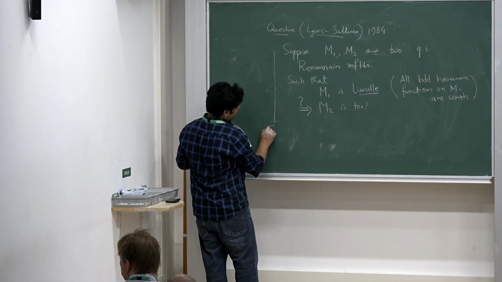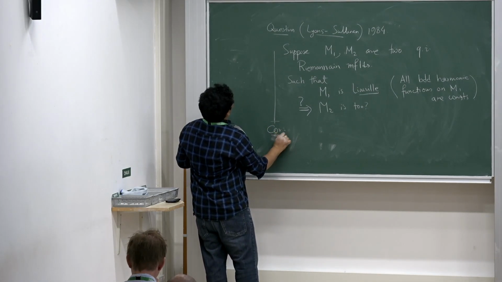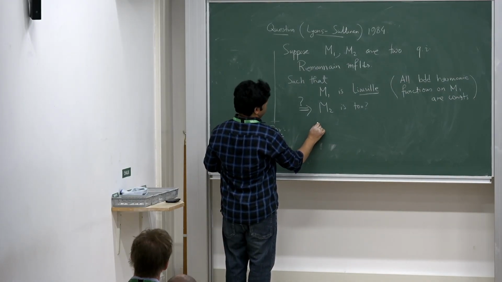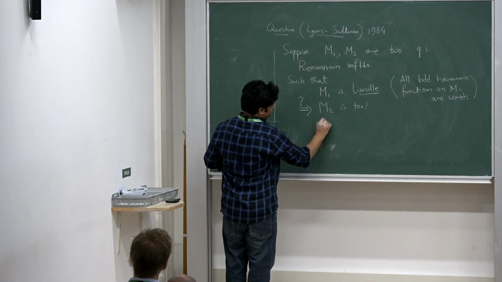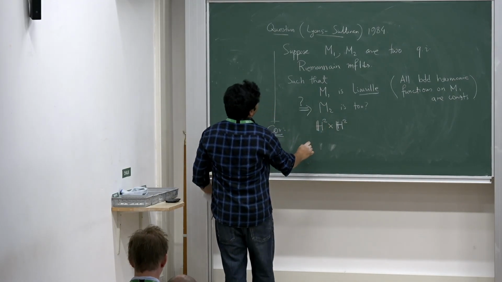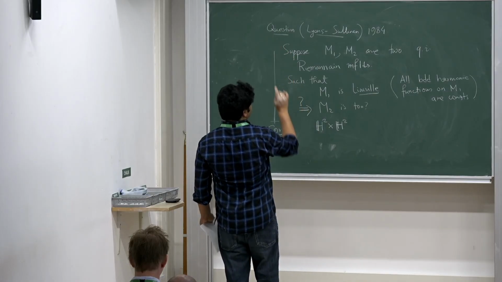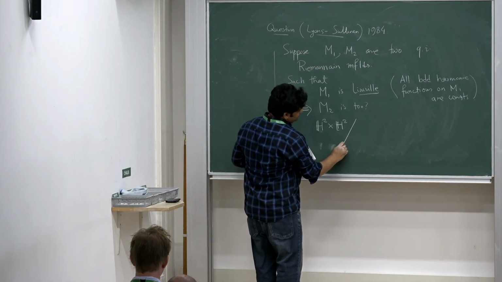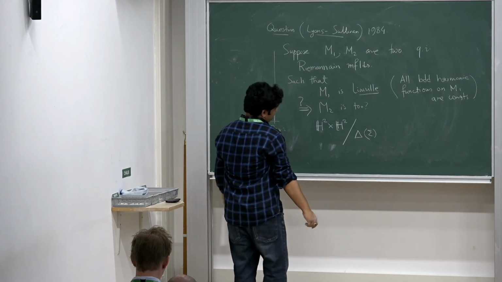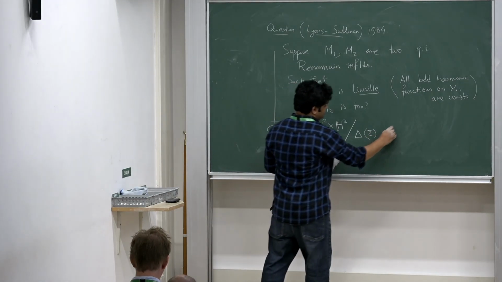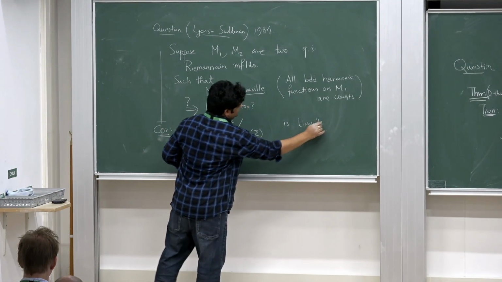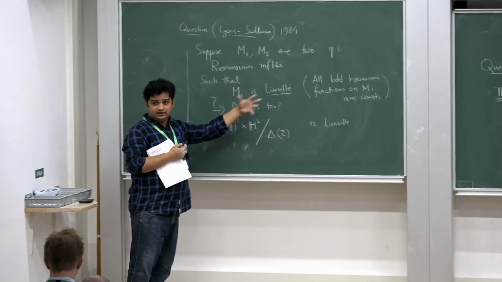So here is a corollary of that theorem. If we look at the locally symmetric space, so H2 times H2 is the space where SL2R times SL2R acts, and then we quotient by a diagonal lattice, so this one. This is Liouville. The reason is that this acts ergodically on the boundary.